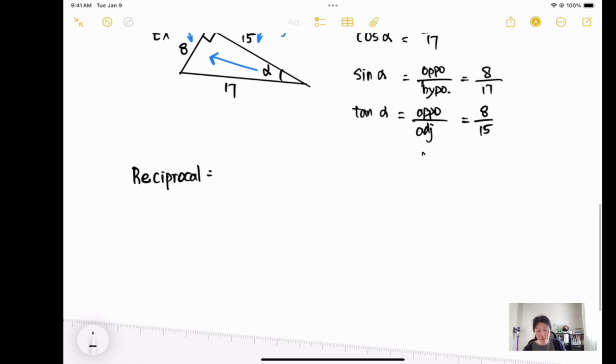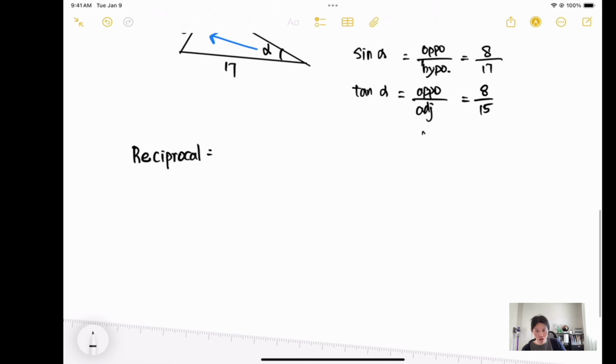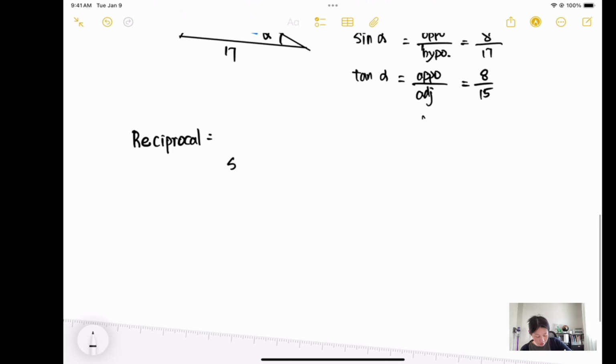So we have 3 reciprocal trigonometry functions. It's called secant. The definition of secant, we write it as SEC, and the secant is equal to the hypotenuse over the adjacent side. And then we have cosecant.